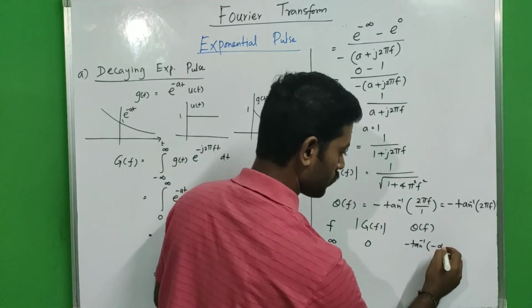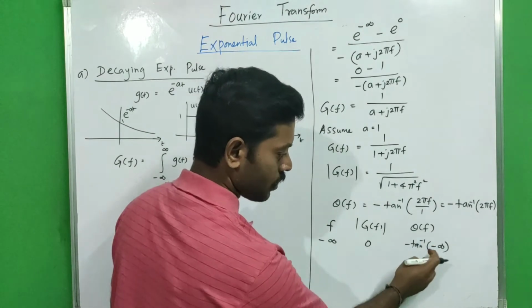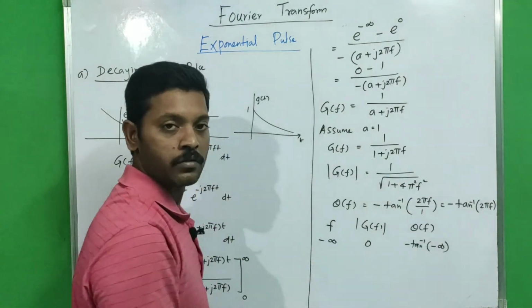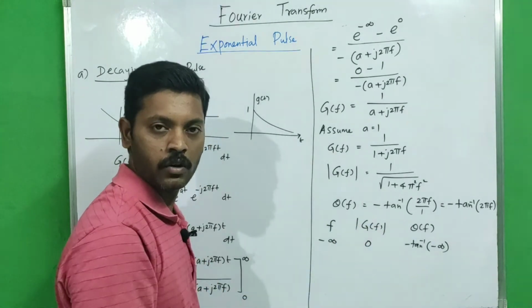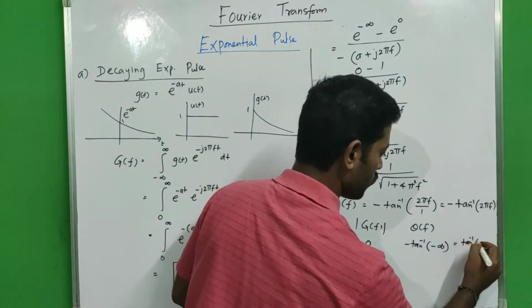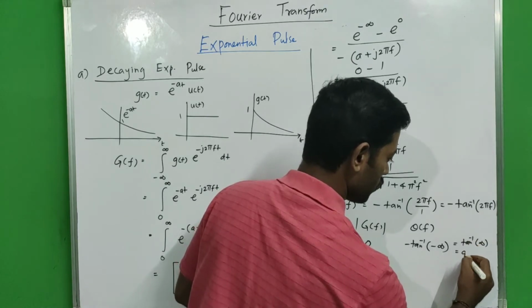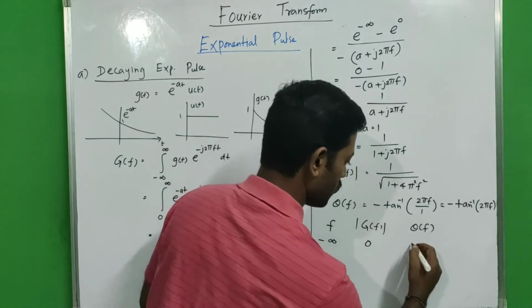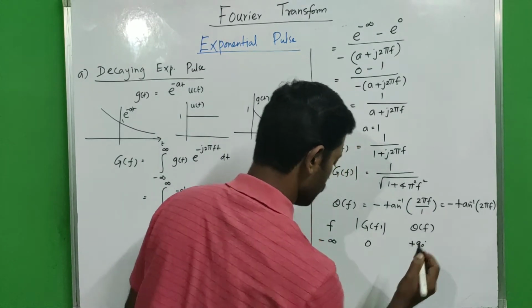So we get minus times minus infinity; if the minus comes outside, this becomes tan inverse of infinity, which equals 90 degrees. So I am writing plus 90 degrees here.